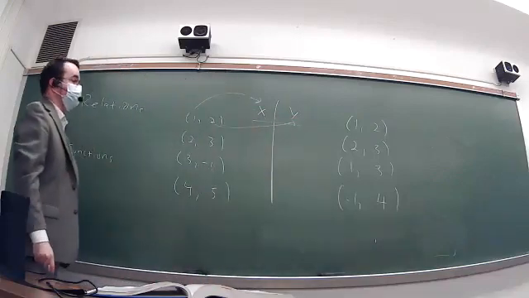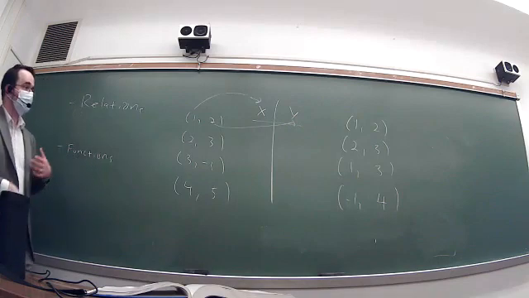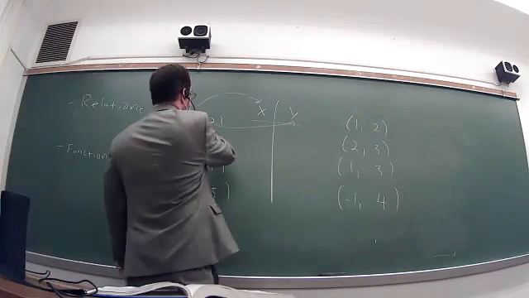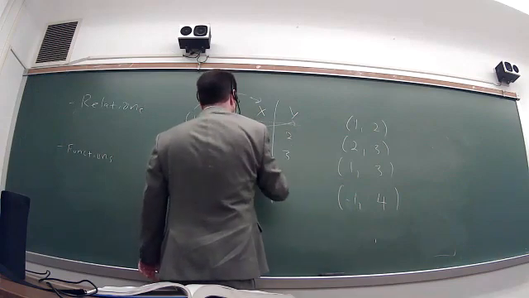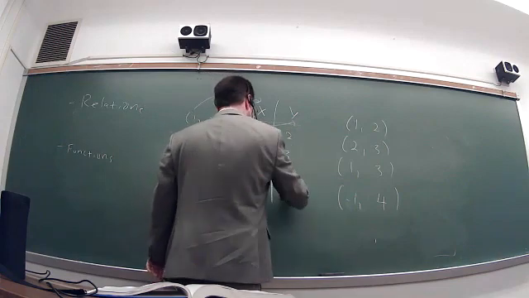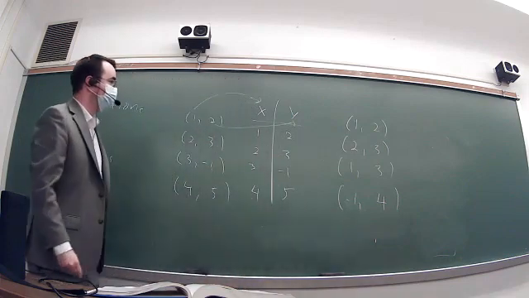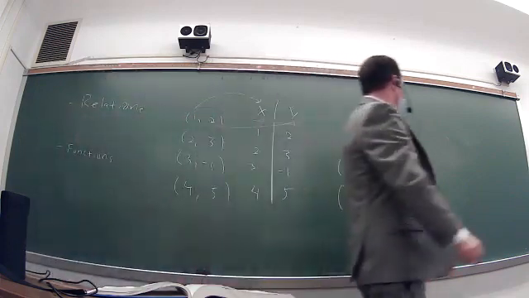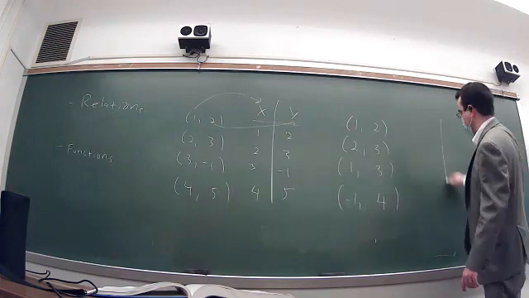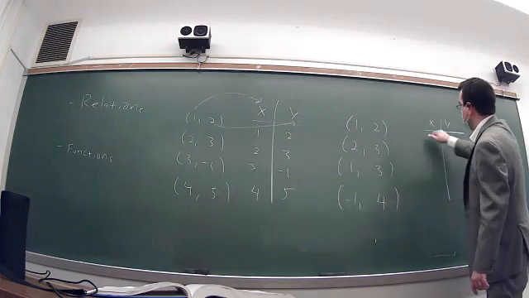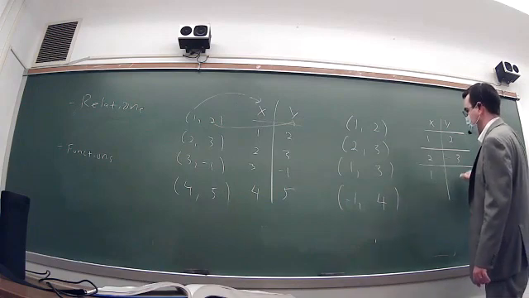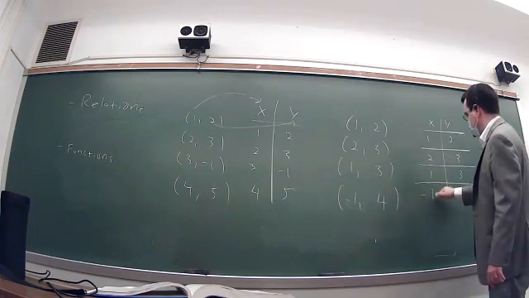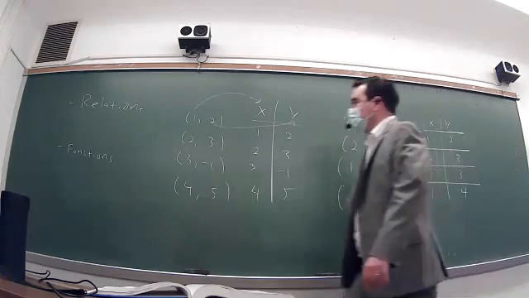So if you put it into a chart, you've seen this represent functions, relations with charts, and this would look something like 1, 2, 2, 3, 3, minus 1, 4, 5. You put this into a chart, and it would look something like 1, 2, 2, 3, 1, 3, 1, 2, 4.